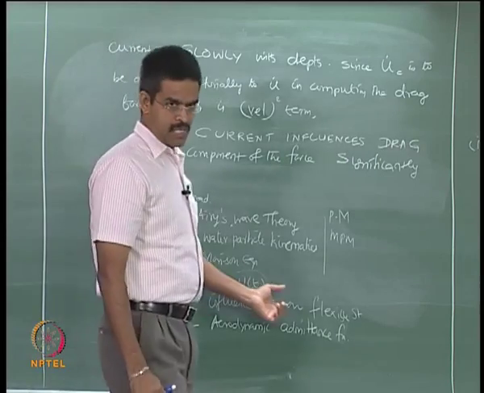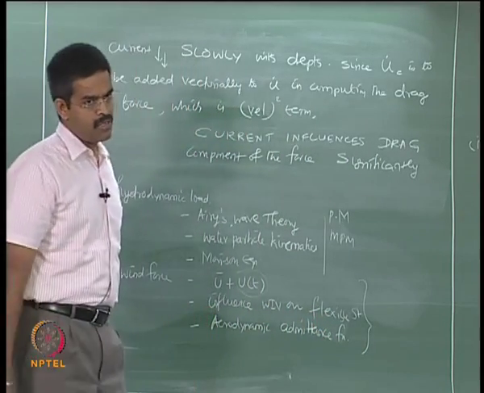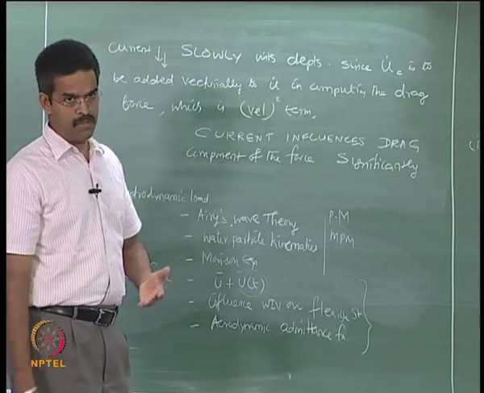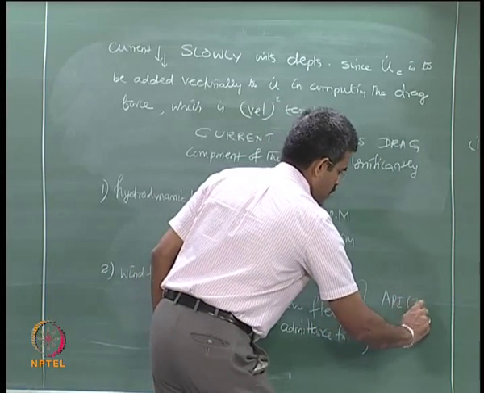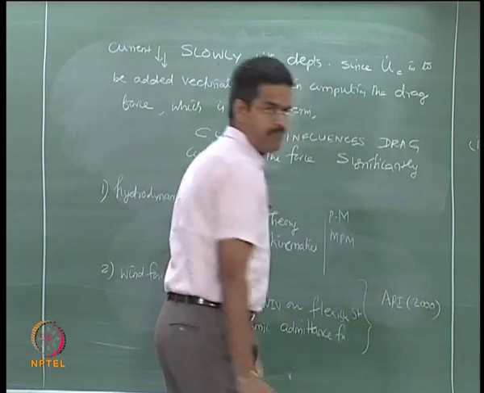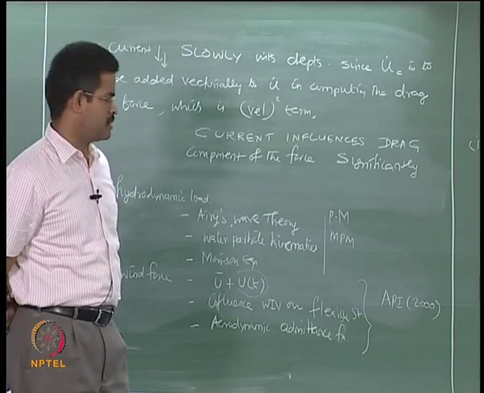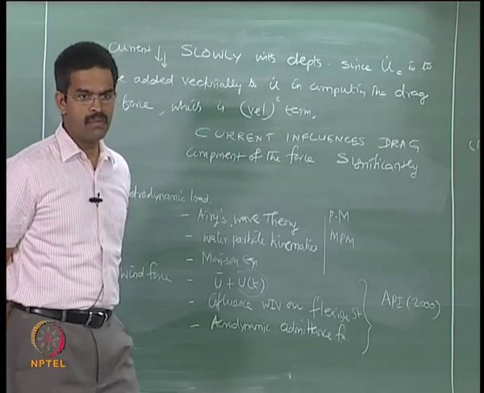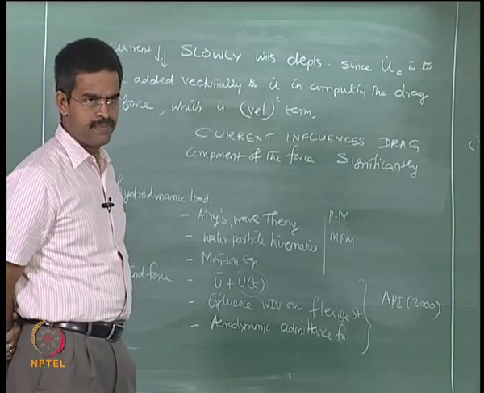For flexible type structures there are different spectra given in the literature. One classical example which is commonly accepted for flexible type structures is the spectrum suggested by API, which we saw in the last lecture. What are the factors on which this spectrum depends, etc.? We have seen them.